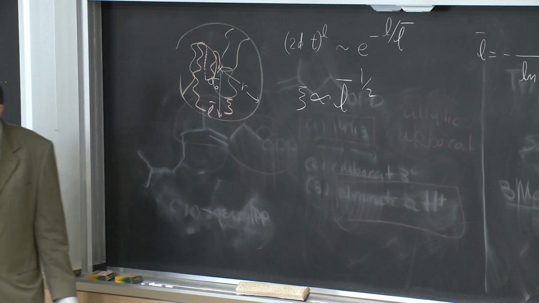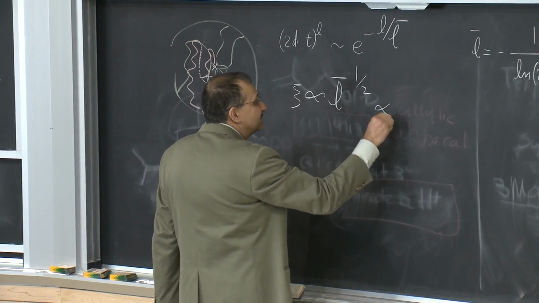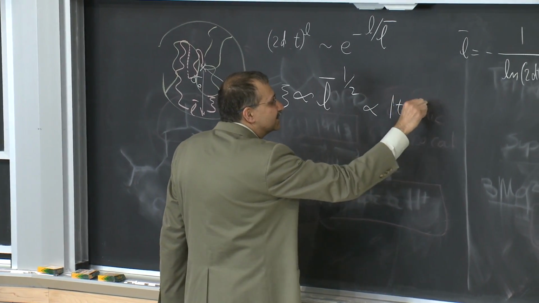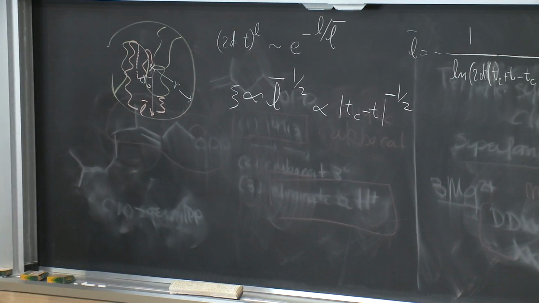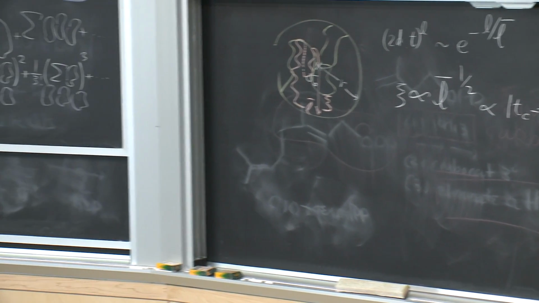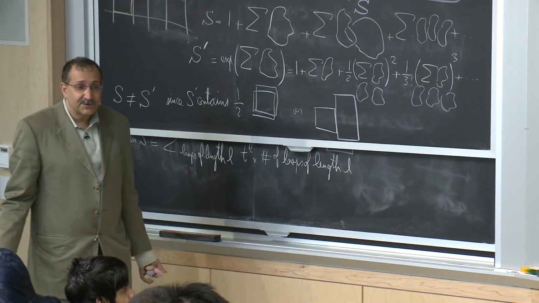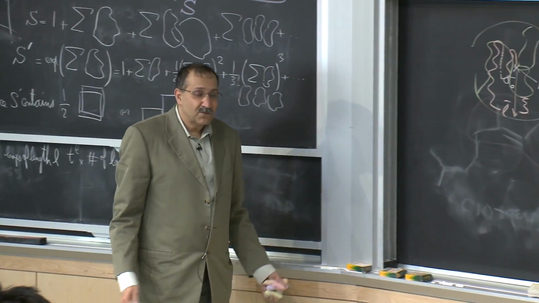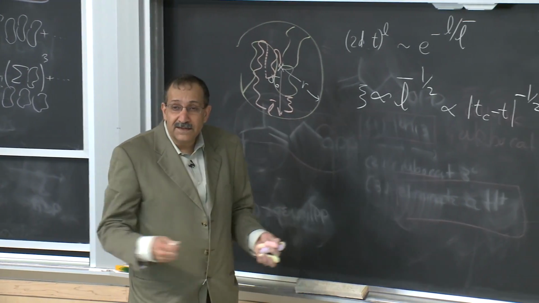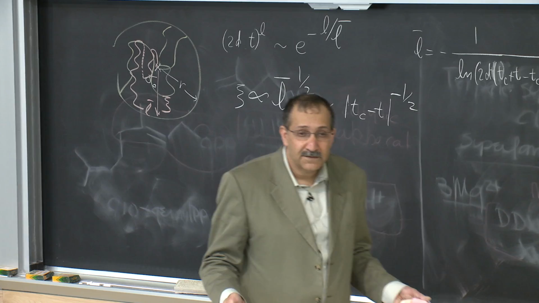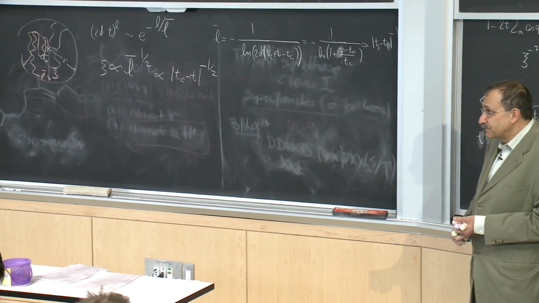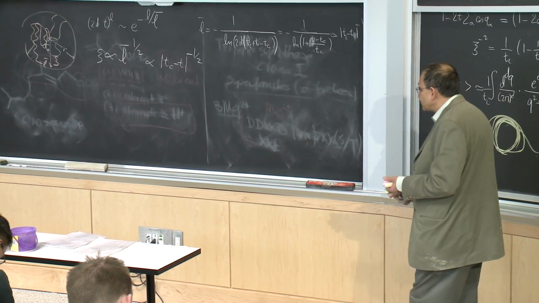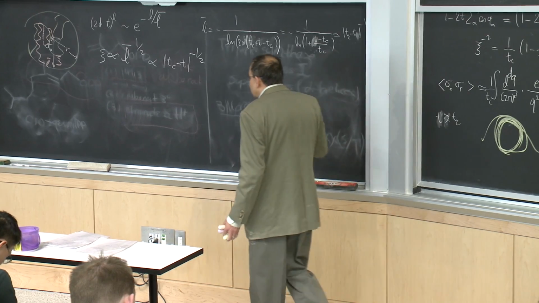And since the length of the walks grows like t minus tc, this goes like tc minus t to the minus 1/2 power. So the exponent nu of 1/2 that we have been thinking about is none other than the 1/2 that you have for random walks. Once you realize that what is going on is that the length of the paths that carry information essentially diverges linearly on approaching this. So that's one understanding.